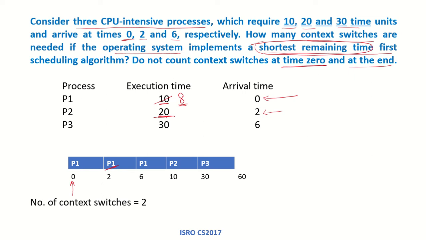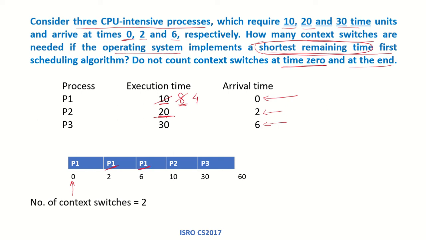Now at 6 again P3 has arrived. Till this time P1 has run for 4 more time units, so only 4 are remaining. Comparing P1, P2 and P3, again P1 has the shortest remaining time.